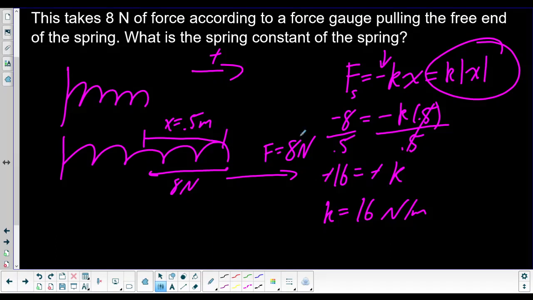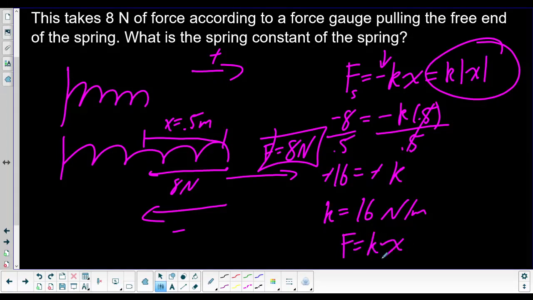What we're really interested in is how strong that force is, and we'll say, okay, it's pulling that way. I know that's negative. I don't need the equation to tell me that. So a lot of times people will just drop this negative and say F equals kx, and then I'll figure out the direction at the end of the problem when I'm ready for it. Okay, all right, so there's k. Not too bad. Just find your numbers, plug them in.